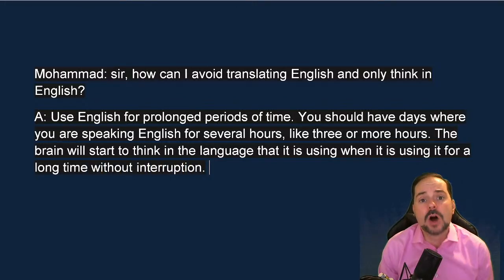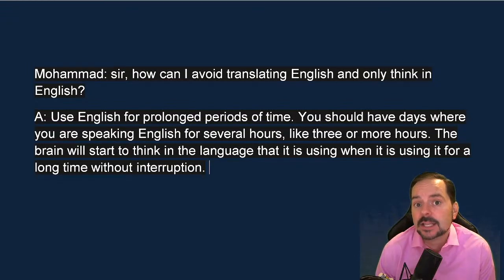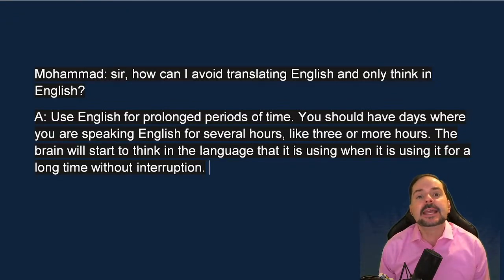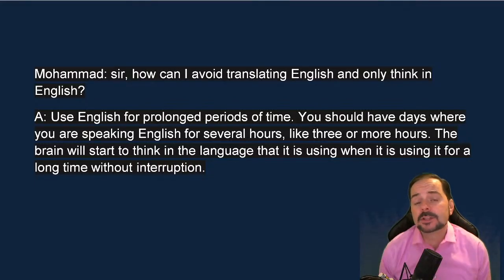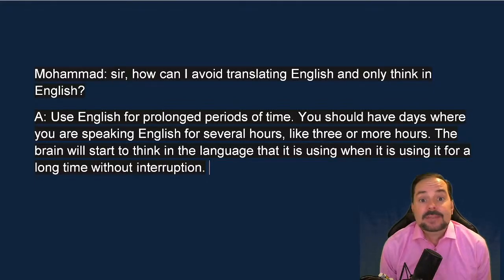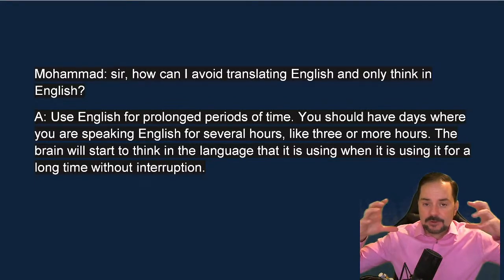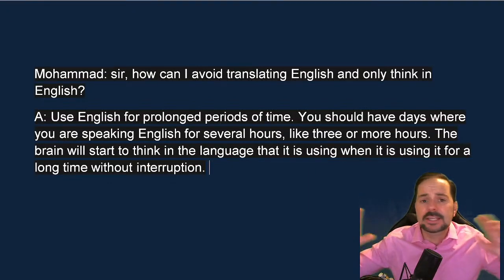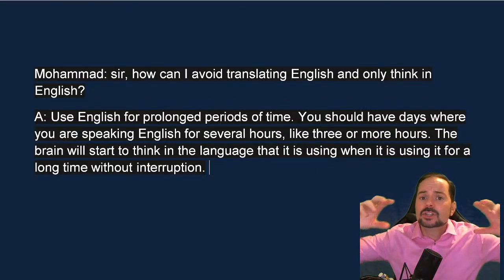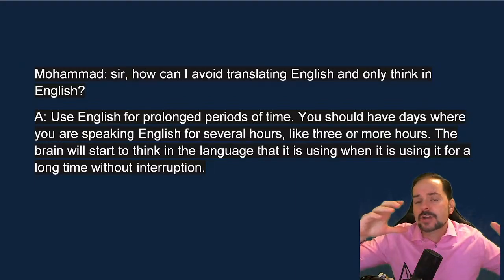Mohammed and everybody else, one of the big reasons why many people have difficulty thinking in English is because they don't stay in English long enough. They practice English and say, I speak English every day, but they're only speaking English for like 30 minutes or even 15 minutes. Then the brain, at first, takes the easy path. It just translates and translates and translates.